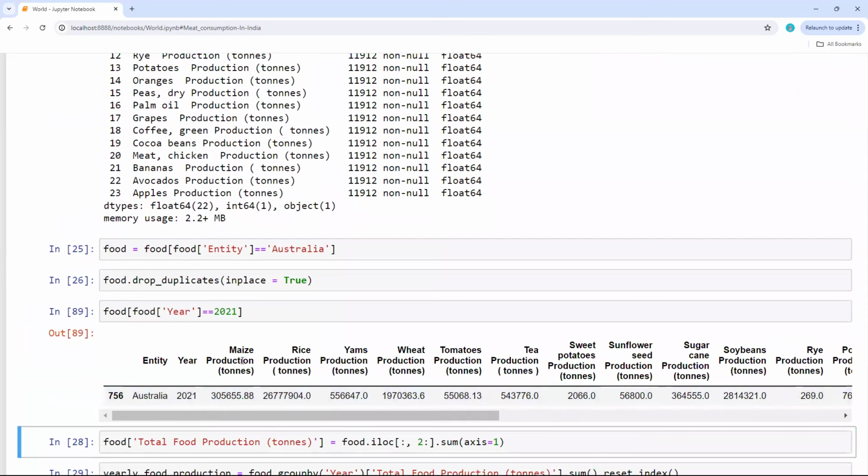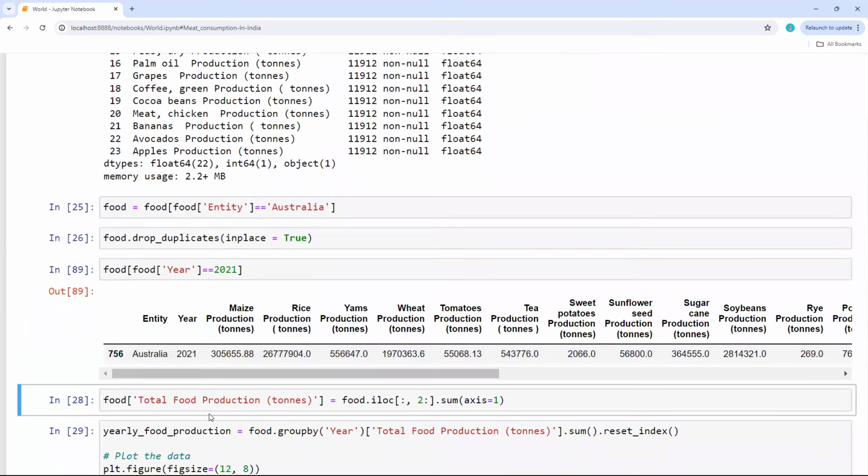So here you can see Australia has produced, in tons, 3 lakh 5,655 tons of maize. Rice production is around 26 lakh 77,000, which is 2.6 million tons.